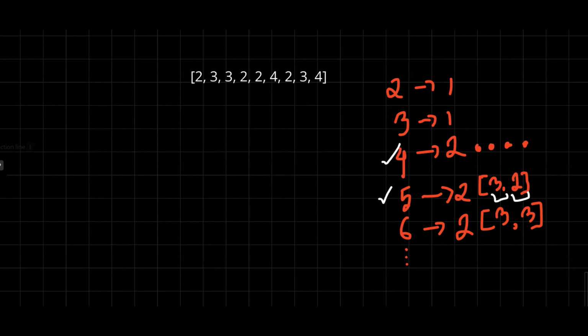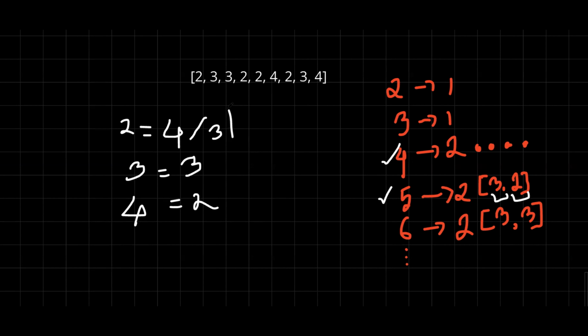Here in the first example, the frequency of 2 is 4, the frequency of 3 is 3, and the frequency of 4 is 2. So here, if we divide 4 by 3 and perform the scaling operation, it is 2.